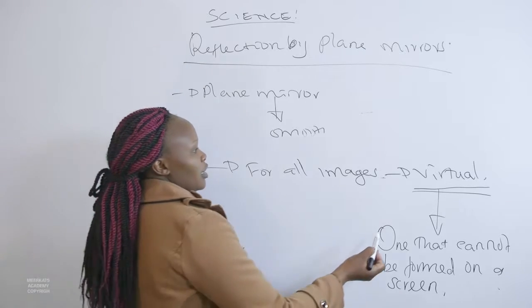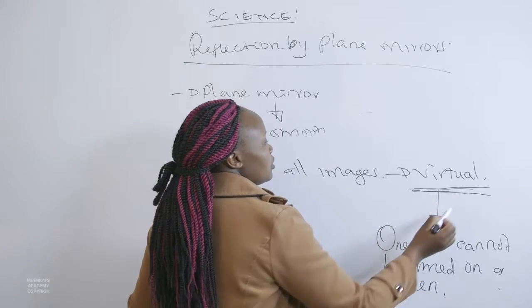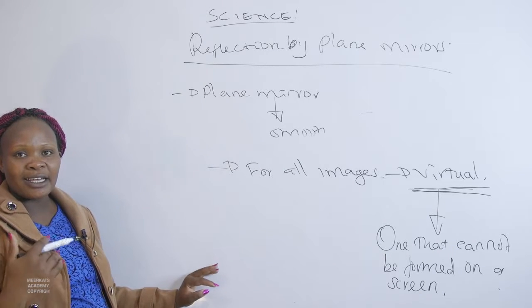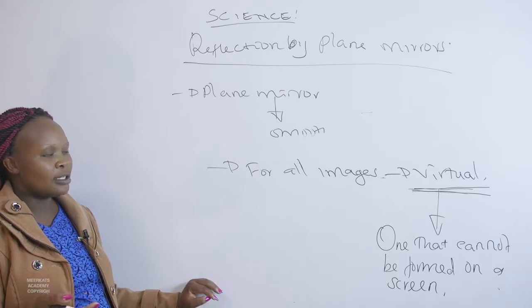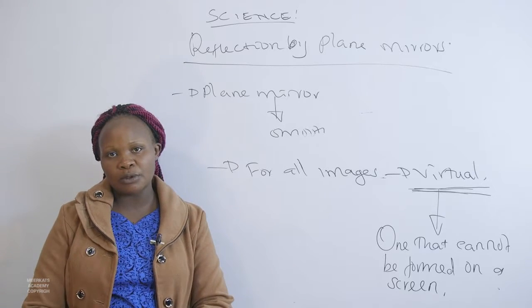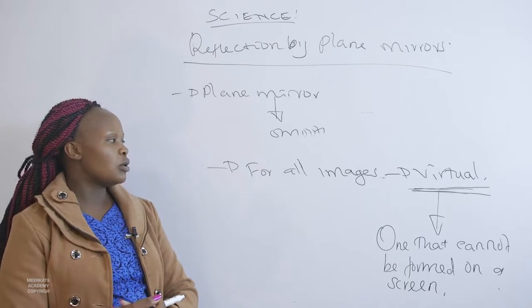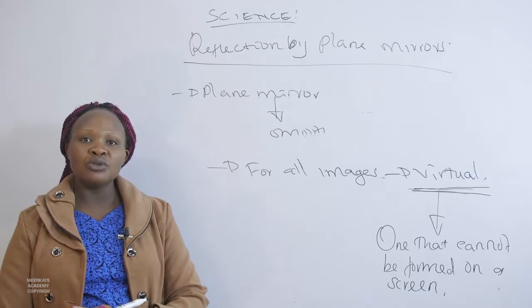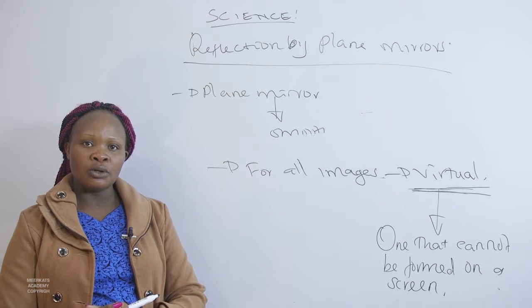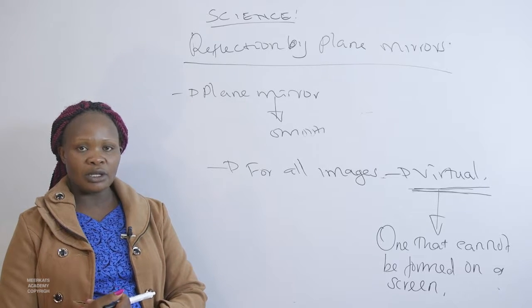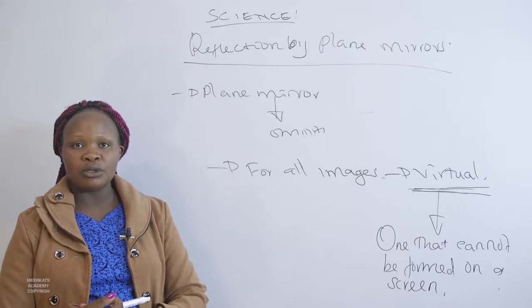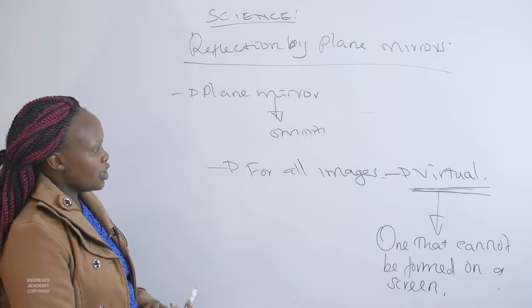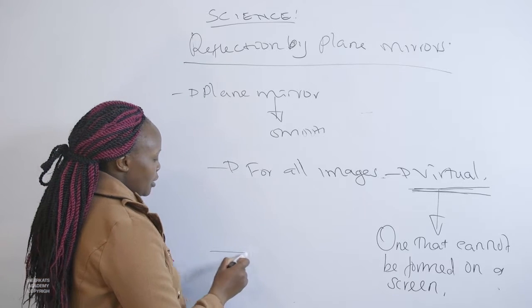Why we say that the images formed by plane mirrors are virtual is because the reflected rays, which are supposed to result in the image that we are claiming, actually do not go through the mirror. Rather, they just appear.